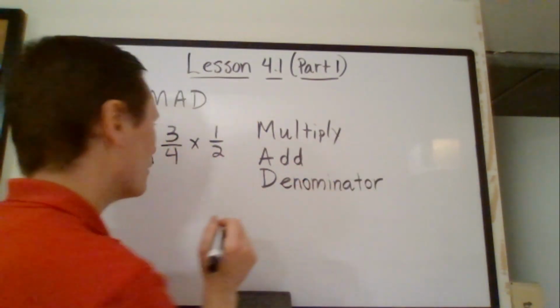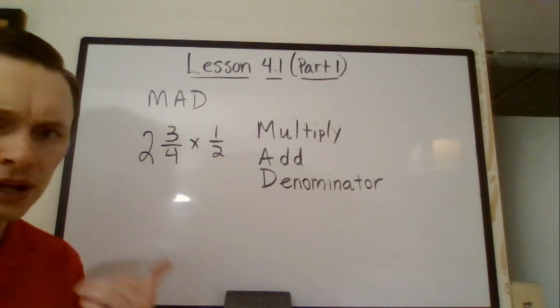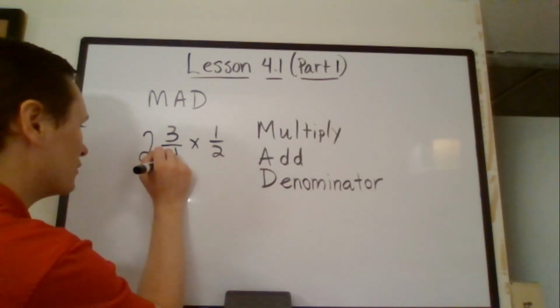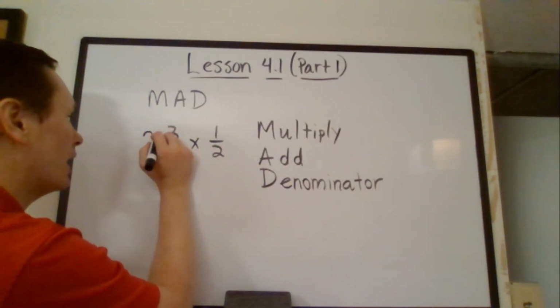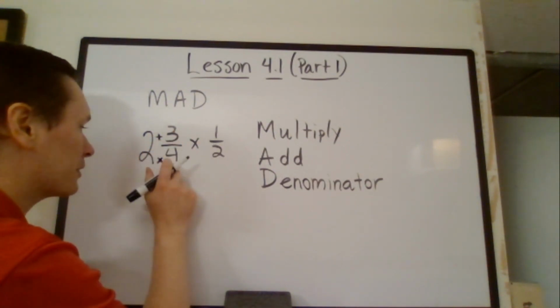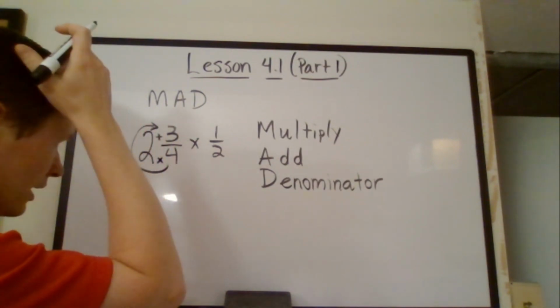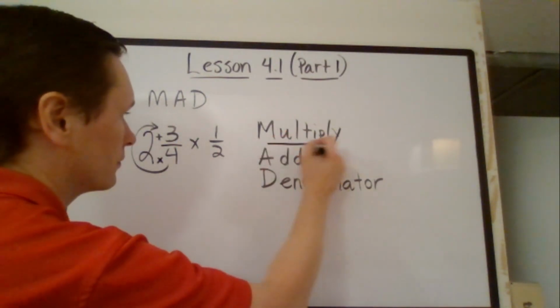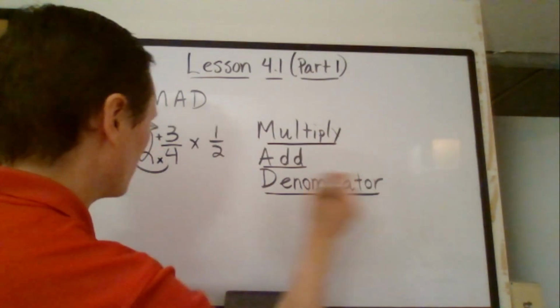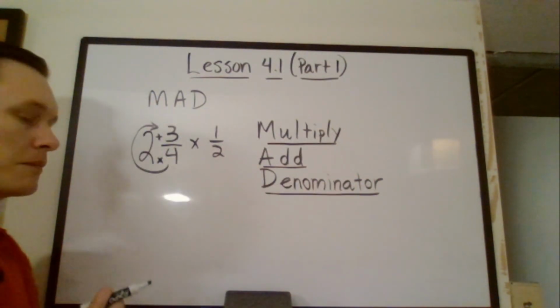And you're like, multiply what? Add what? Denominator where? Well, we're going to multiply 2 times 4 and then we're going to add 3 and keep the denominator 4. And I always like to draw a little arrow that goes around and shows us the way we want to go around to do this problem.